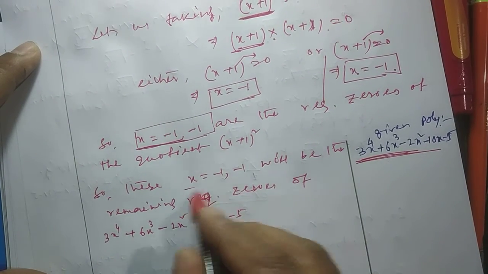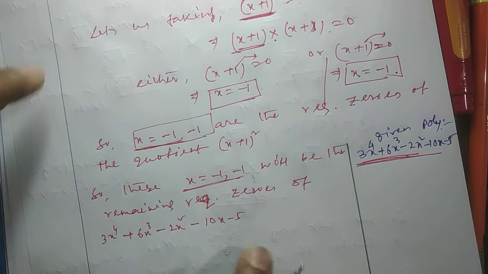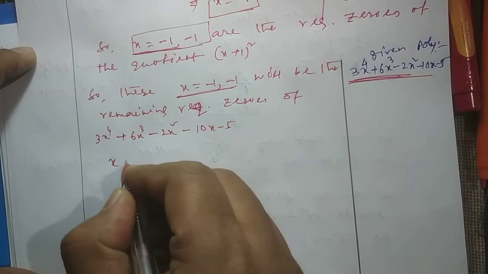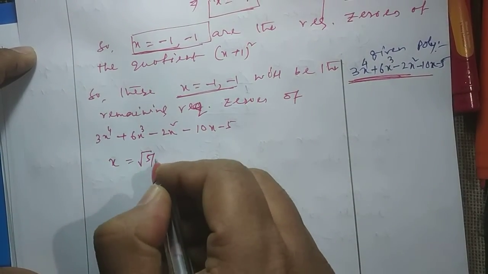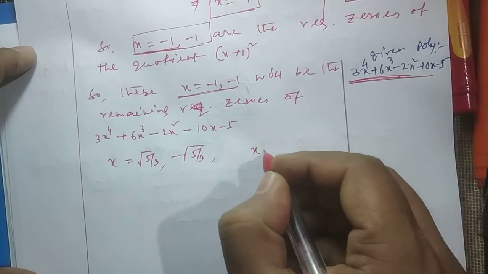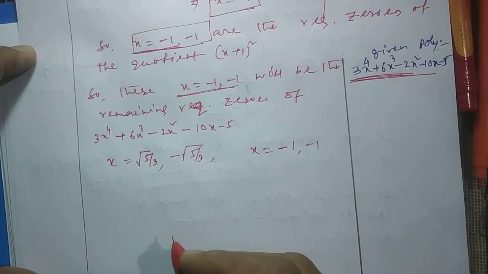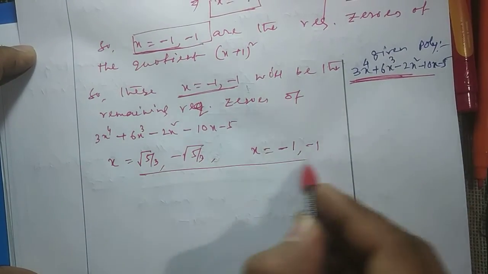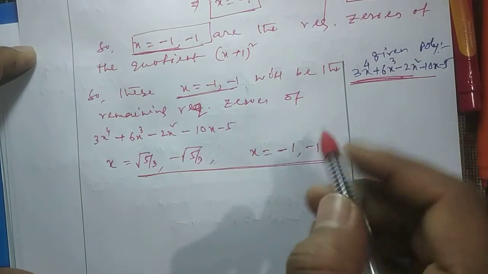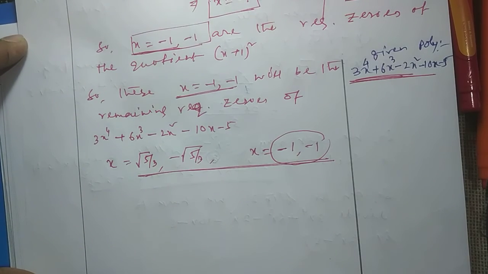So in this way already you have found the required zeros for the given polynomial. The given zeros were root of 5 by 3 and minus root of 5 by 3. Now we are getting another two zeros. These are minus 1 and minus 1. So in this way we are getting the 4 zeros altogether of the given polynomial. Understood or not?